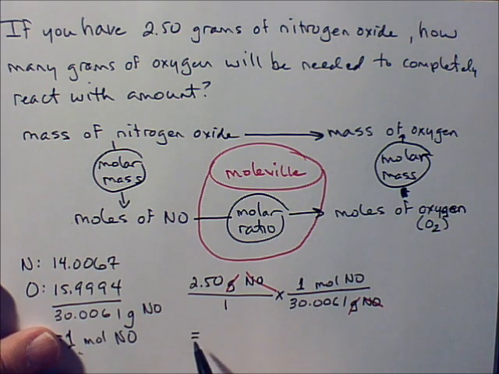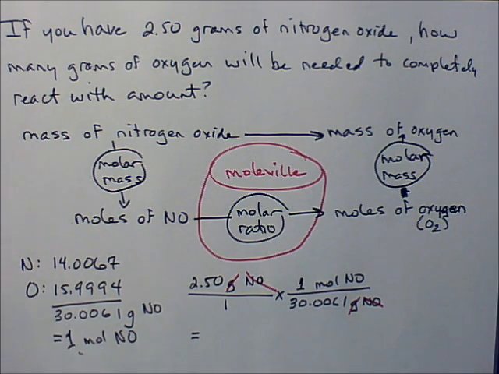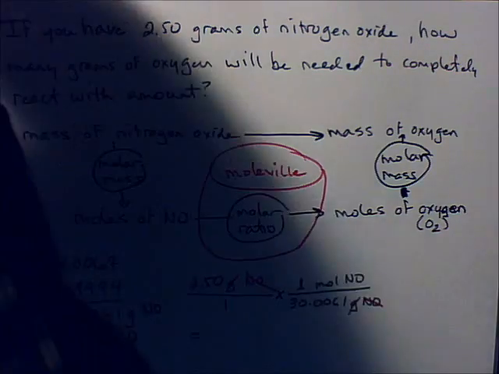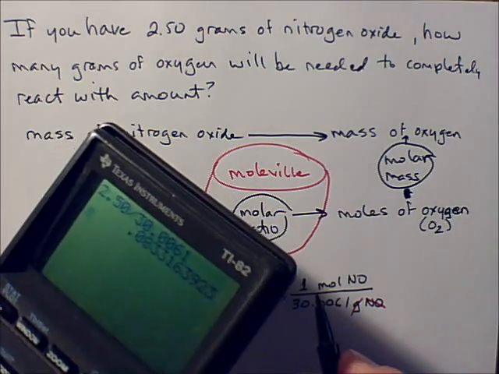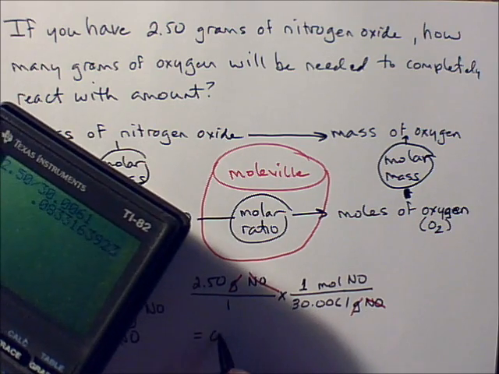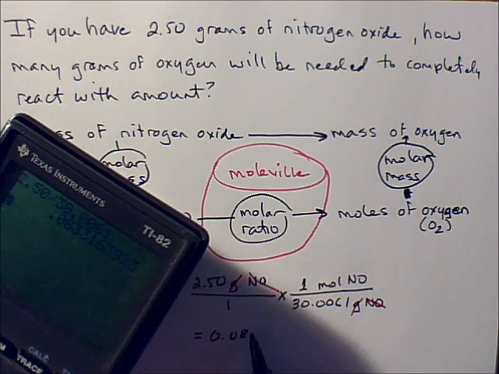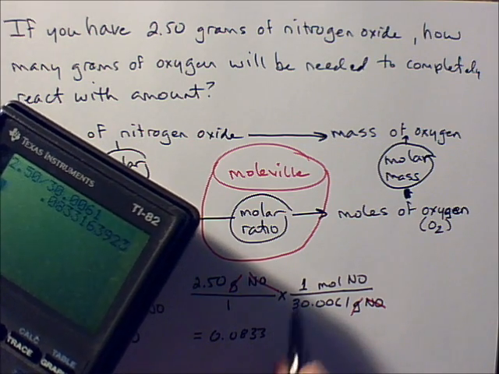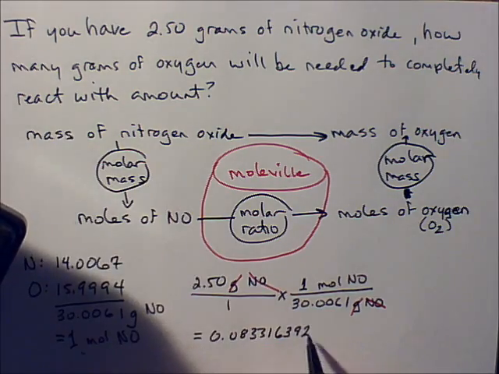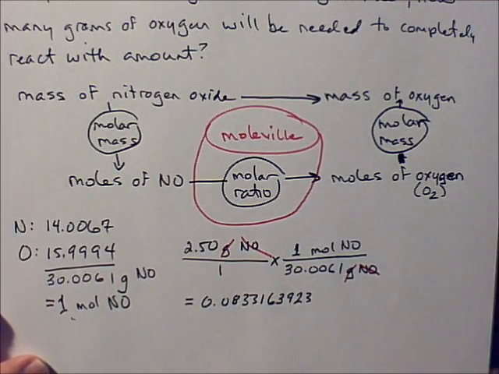All right, so we do the math, 2.50 divided by that number. And I get 0.0833, and then we want to round off.